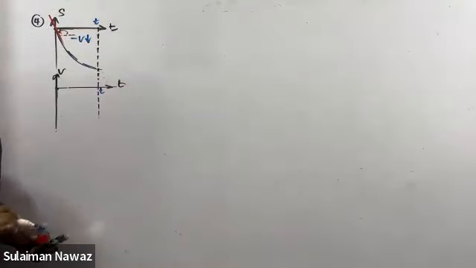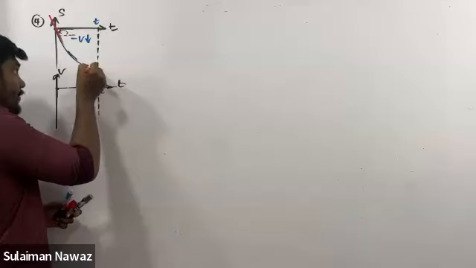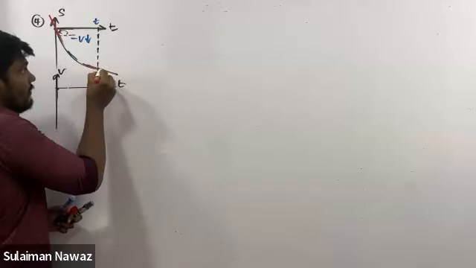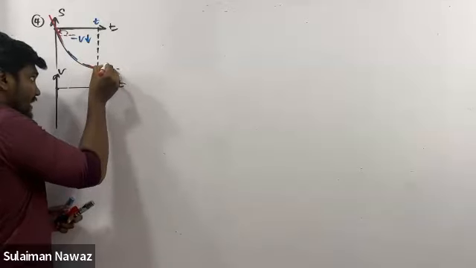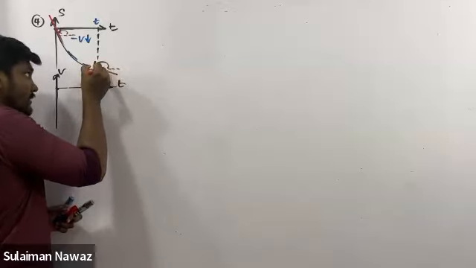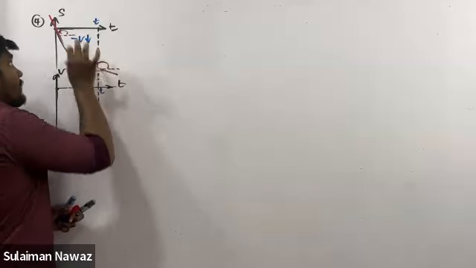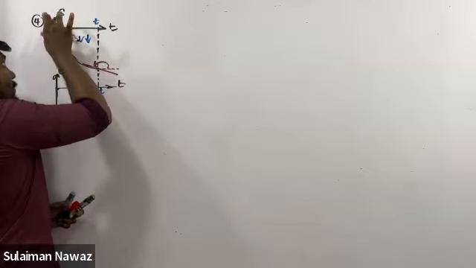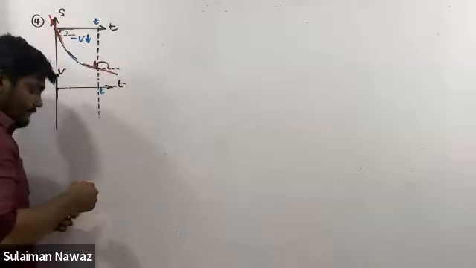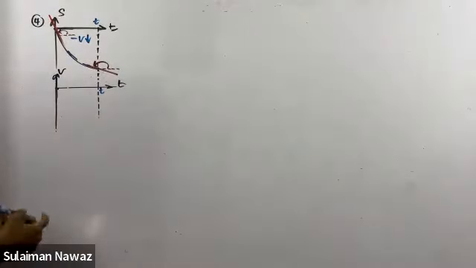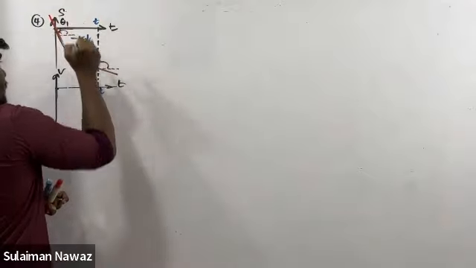When the time is simple t, if I draw a tangent line to that point, that tangent line makes an obtuse angle. When t equals 0, I say obtuse angle is theta 1.